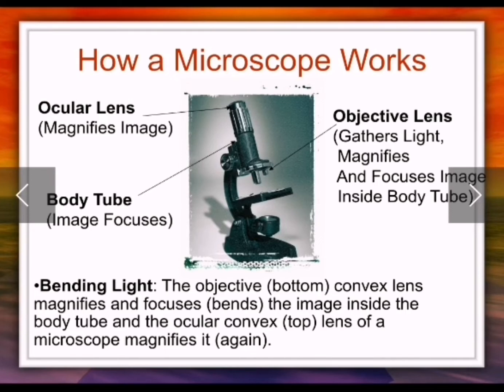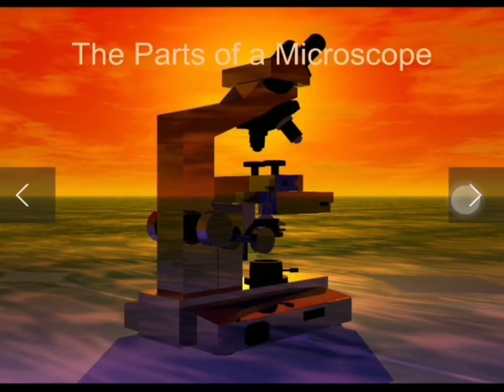Third, we have the objective lens, which gathers light and magnifies and focuses the image inside the body tube. The objective, or bottom convex lens, magnifies and bends the image inside the body tube, and the ocular convex lens is at the top area of the microscope.